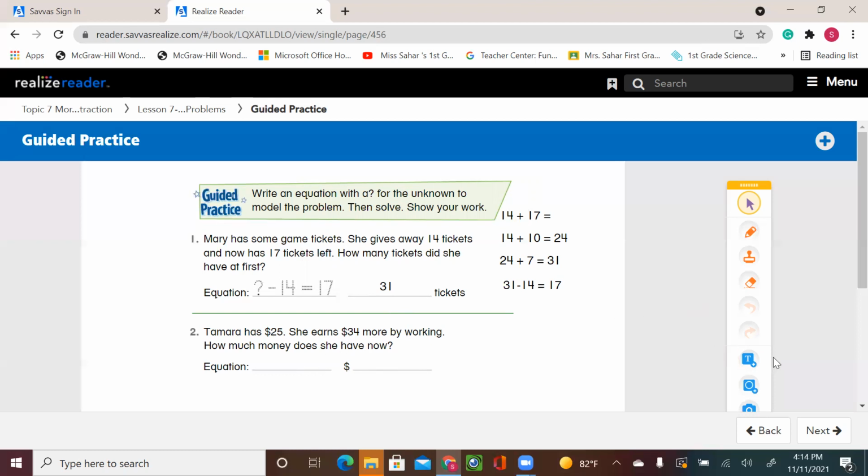So let's write my equation. 25, that's what she has first. Let's put the dollar sign. 25 plus 34 equals.